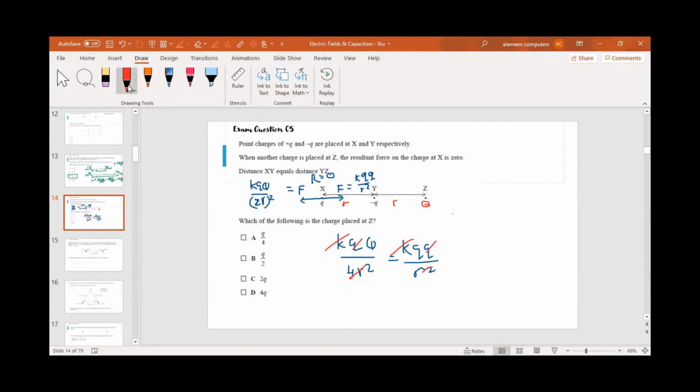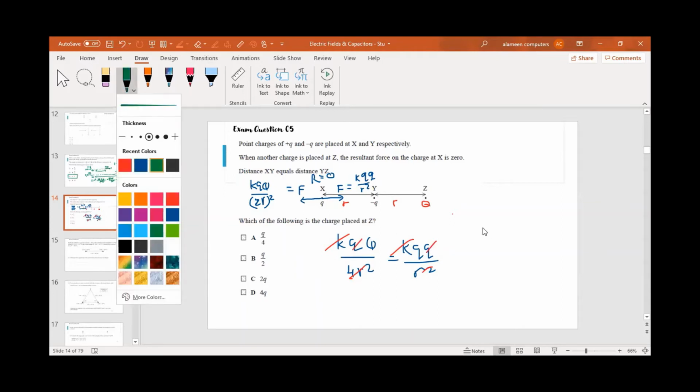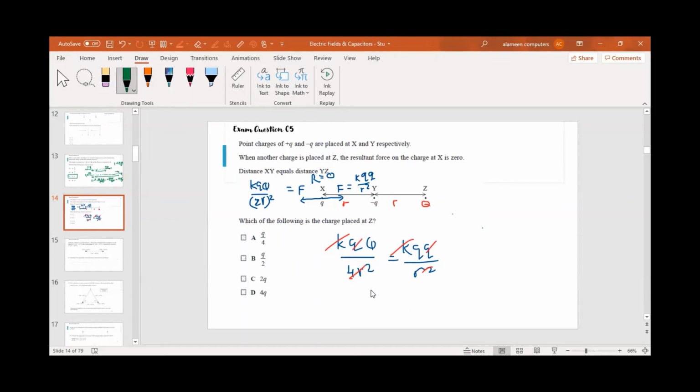So what is left now? The q is left here, 4 is left here, and Q. So capital Q equals 4q. That is the answer. So our answer is D.